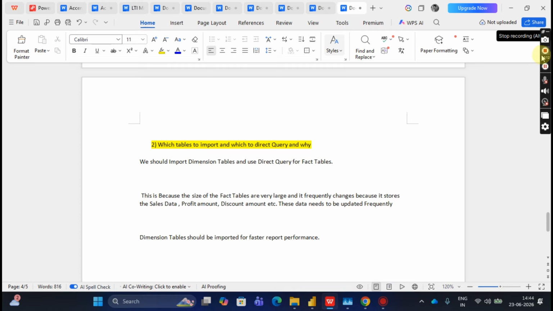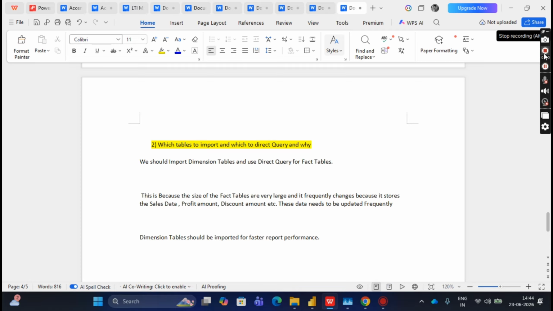And for dimension tables, we should import them for faster report performance, because dimension table columns are mainly used in slicers or filters. We cannot use dimension tables under direct query, because every time we click on a slicer or a filter, it will send a query to the underlying data source to retrieve the data.